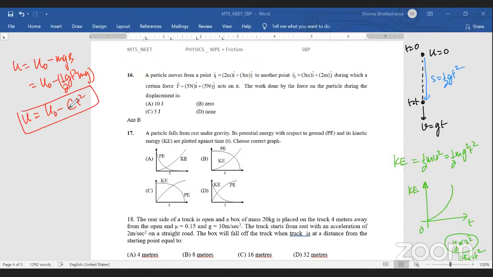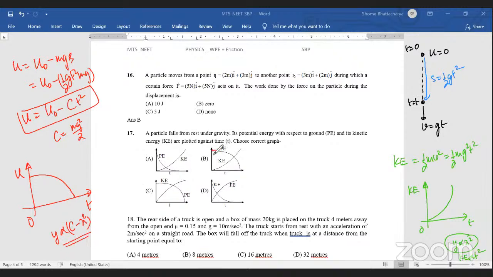This is how the potential energy varies with time, where that constant is mg square by 2. So how will this graph look? It has to be a parabola like this, like y proportional to some constant minus x square type of function.